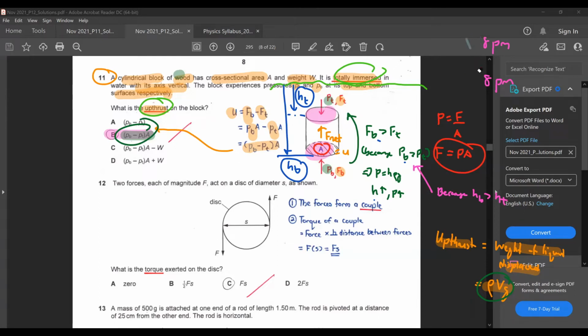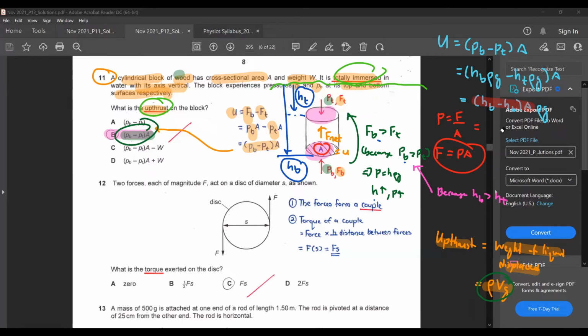I know that upthrust here is PB minus PT times A. PB can also be expressed as H rho G, so this time I say it's HB rho G minus HT rho G, times A. If I factorize out certain things, I will get HB minus HT times A, then rho G. Now this times A would actually be my volume.